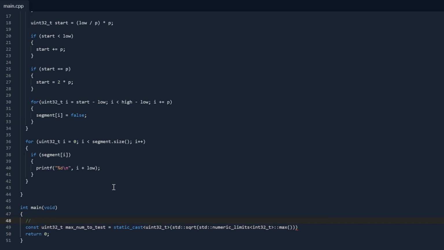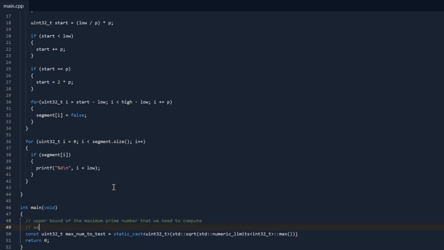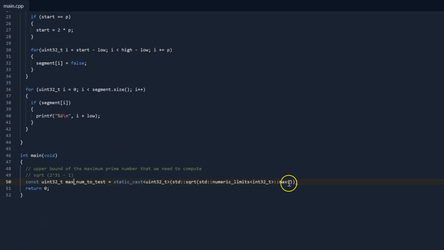Yeah, that's our upper bound of the maximum prime number that we need to compute. And this is given by the square root of 2 to the power 31 minus 1, which is essentially this quantity here.